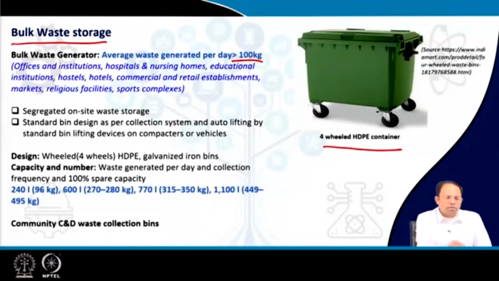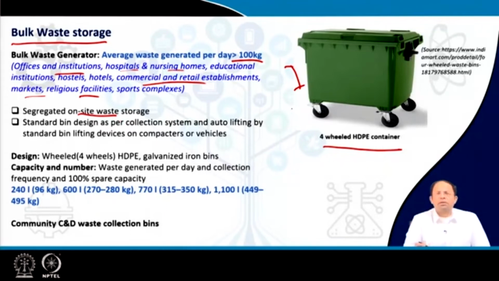This includes offices and institutions, hospitals and nursing homes. Bulk waste generators could be any commercial or retail establishment, a market, a religious facility, or a sports complex. We will have to put this kind of container over there. Again, the containers could be of different colors based on what kind of segregation is done for that particular site.